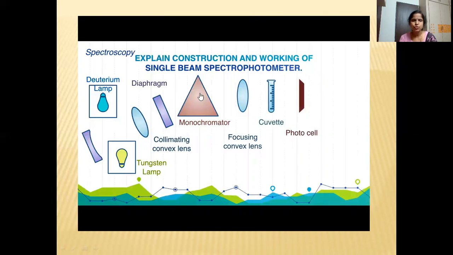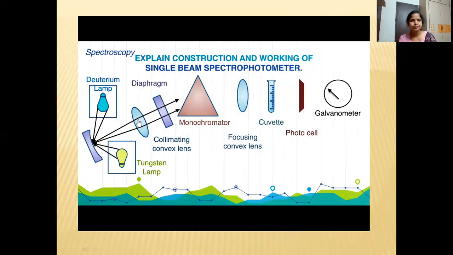Then it falls on the monochromator where a specific wavelength of the light is selected and made to pass on to this focusing convex lens, which again falls on the cuvette as incident light, then the transmitted light will fall on the photocell and be measured through a galvanometer. Here you can see the light source falling on this. All the light radiations from the light source are passed through the collimating convex lens, diaphragm, monochromator.